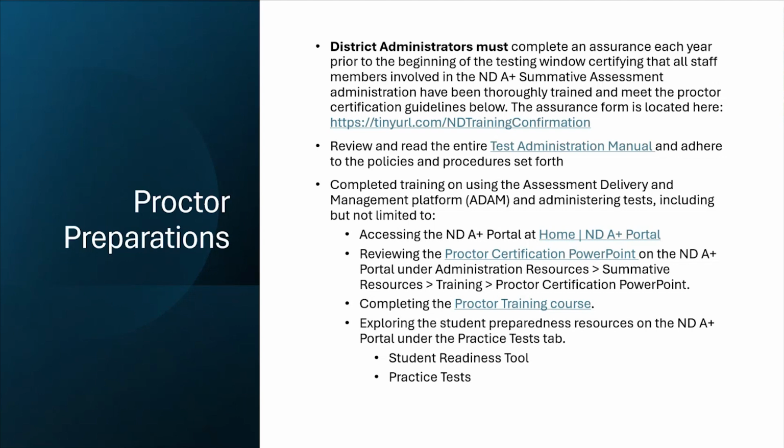Once you have all of your proctors ready to go and they've received all these resources, districts should complete an assurance form, which is in that first bullet point each year.